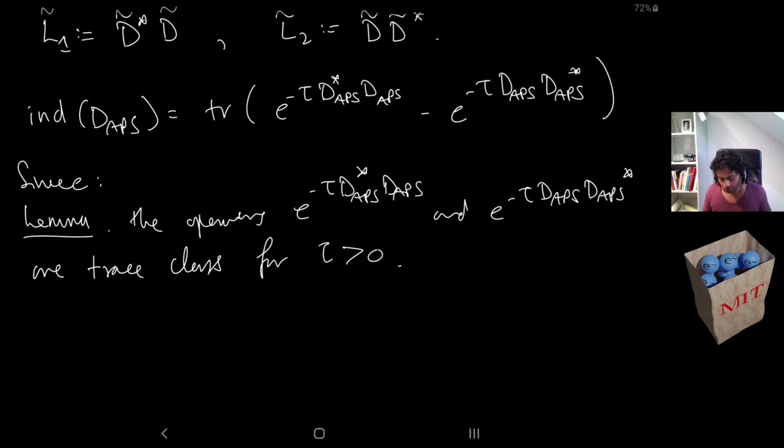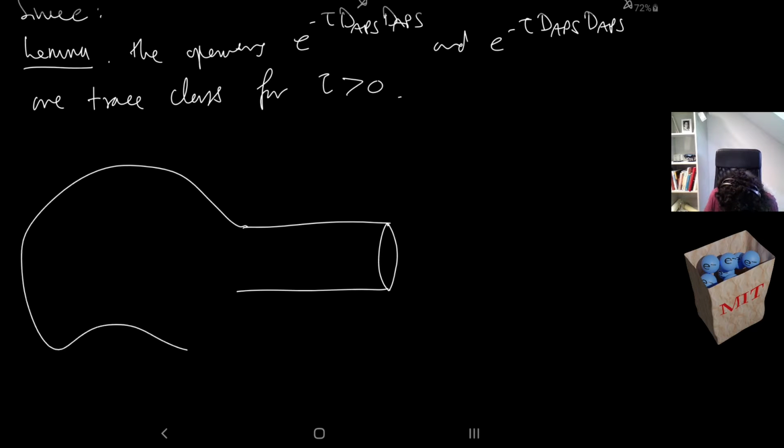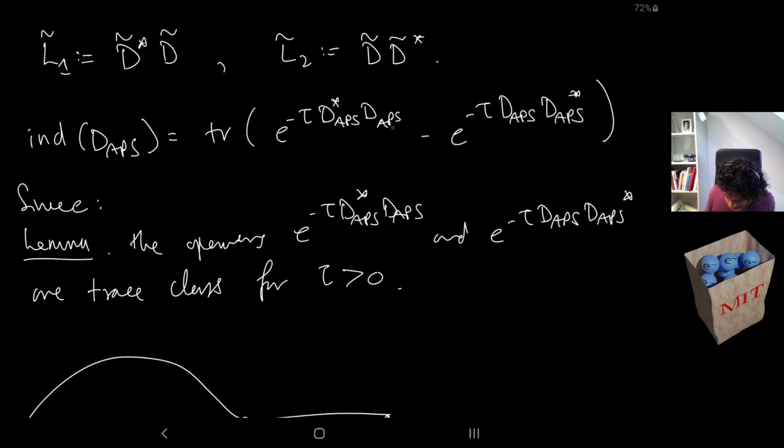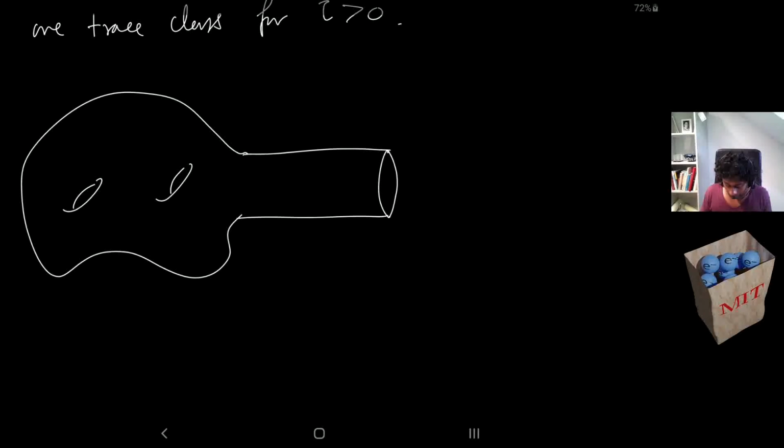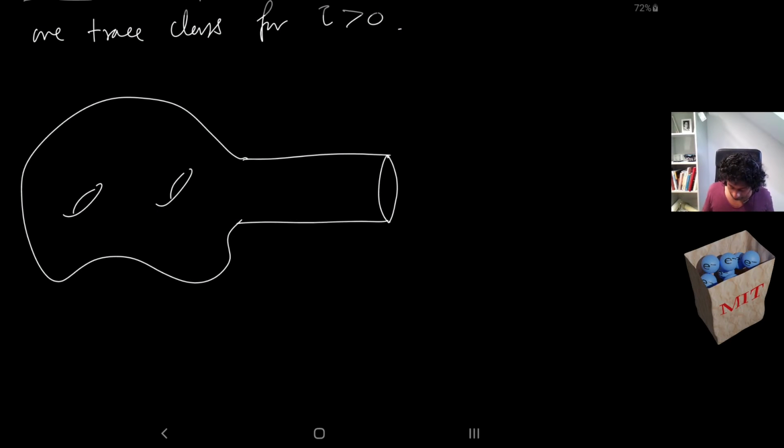Now why have we introduced these different objects here? Let me draw the picture again. We have a cylinder near the boundary, and then we have geometry here. That's the picture that we're in. Why have we now introduced an extra Laplacian? D APS star and D APS certainly identify the index of D APS through this trace formulation. But we want to now reduce our questions to the model operator.